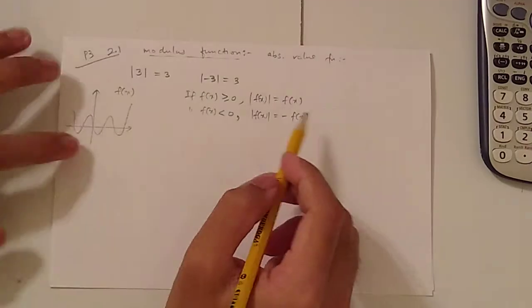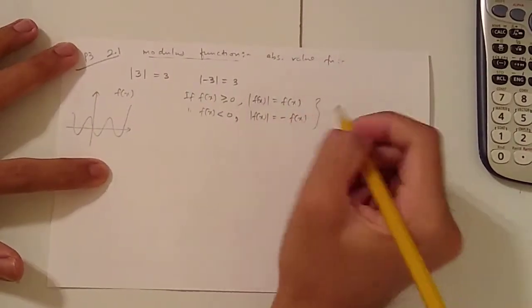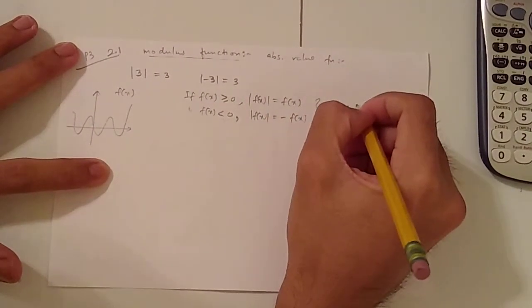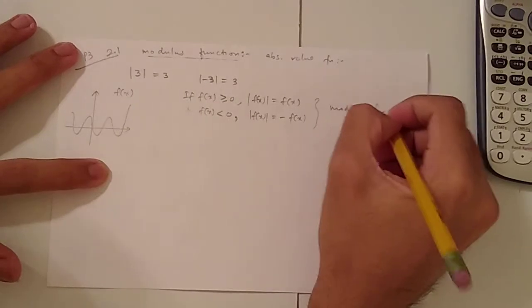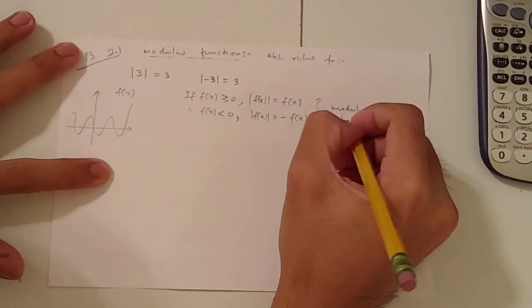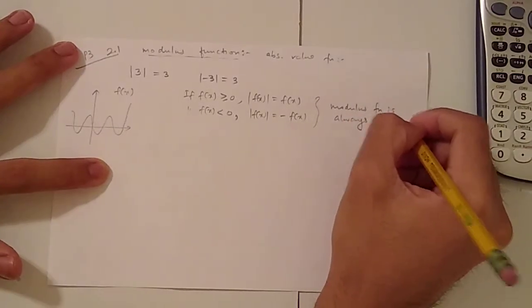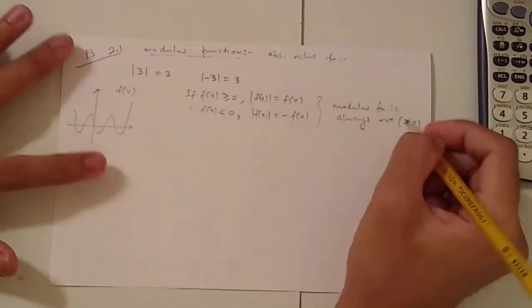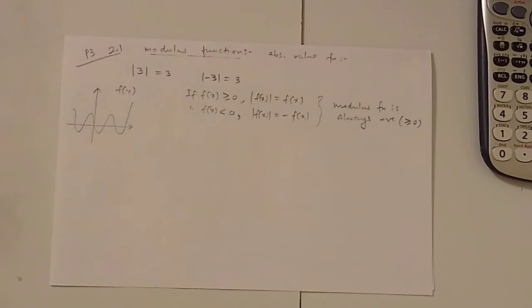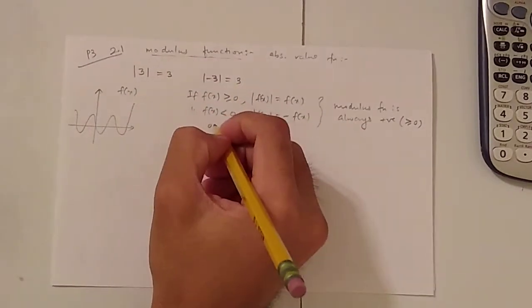So the modulus function is always positive, or always greater than or equal to 0. Modulus 0 is 0, because 0 is 0 and minus 0 is also 0.